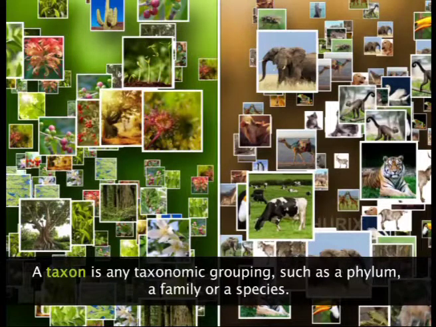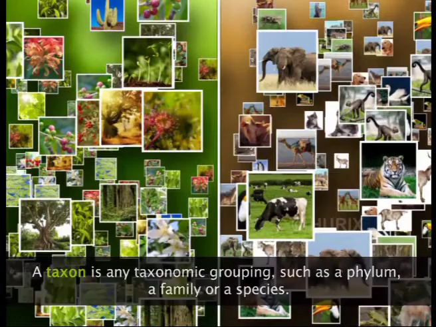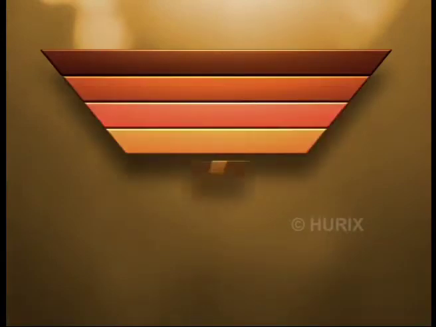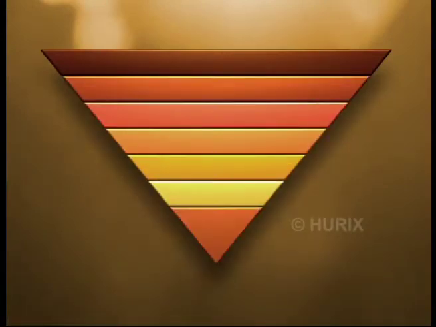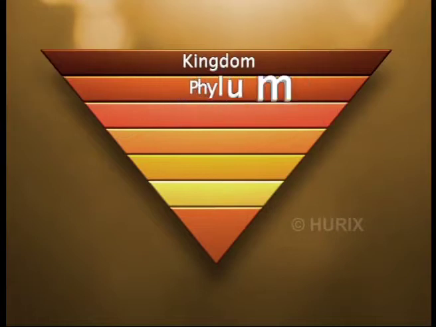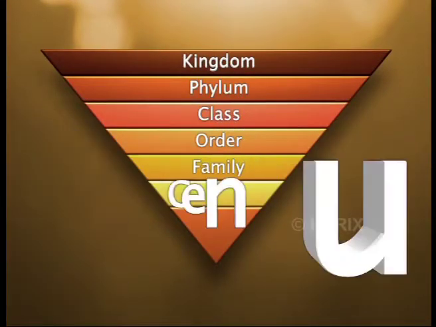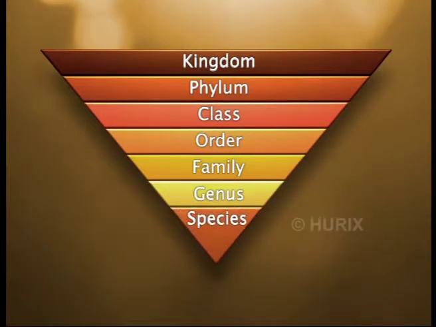It is a useful general term and can be used to indicate the rank of a group as well as the organisms contained within that group. Scientists have divided all living organisms into 7 major taxonomic categories. They are kingdom, phylum, class, order, family, genus, and species.